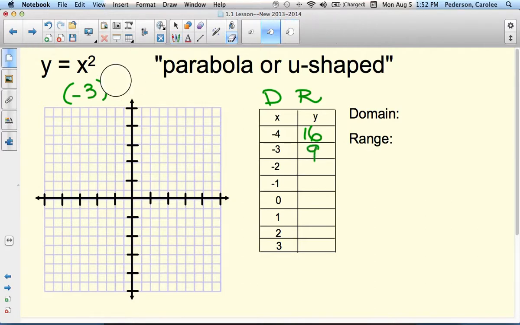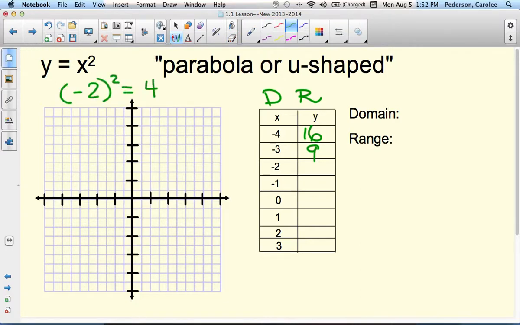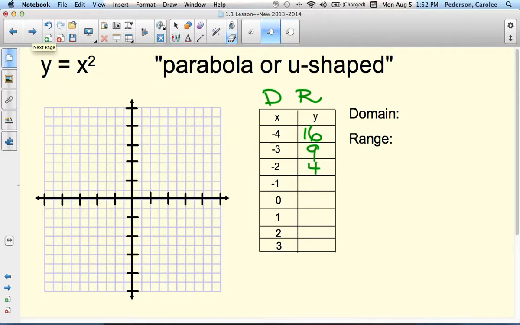And then you would just continue. -2 squared is, -2 times -2 is 4. And then -1 times -1 is 1. And then 0 times 0 is 0.